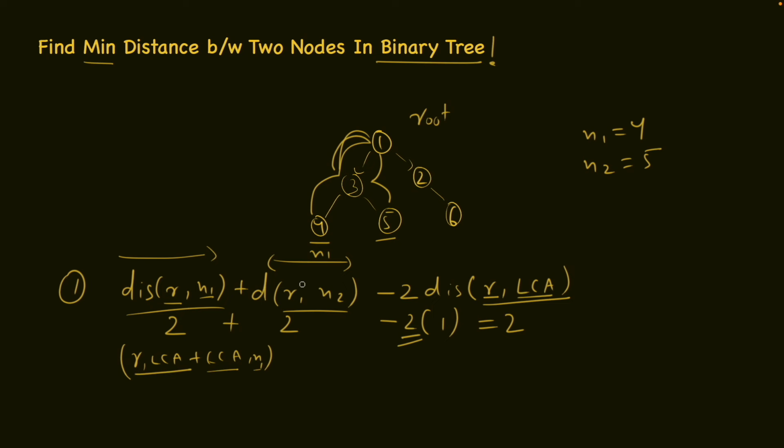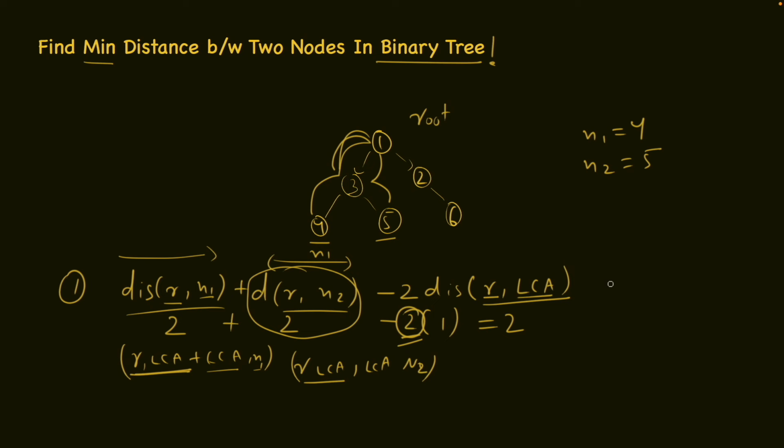And similarly, this one is root to LCA and then LCA to n2. That's why you see root to LCA is counted 2 times. That's why you have to remove that from the calculation 2 times.